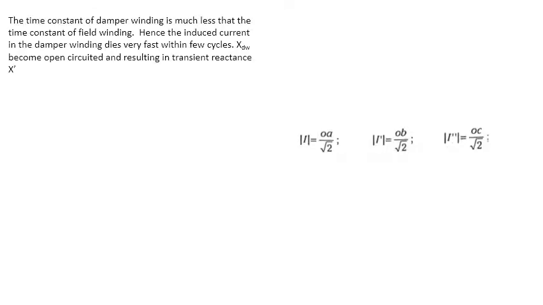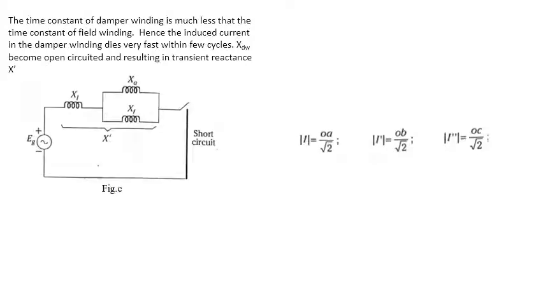Here the induced current in both the field and damper windings is going to decay exponentially, depending upon their time constant tau, and the decaying component mainly depends on the L by R ratio.